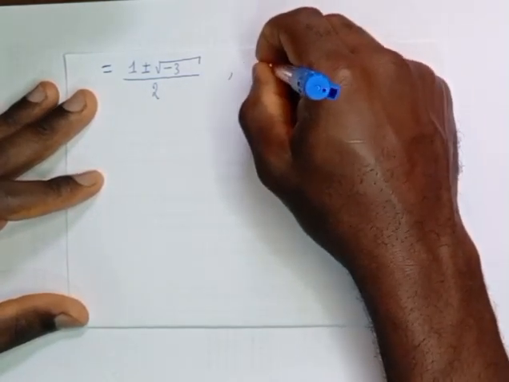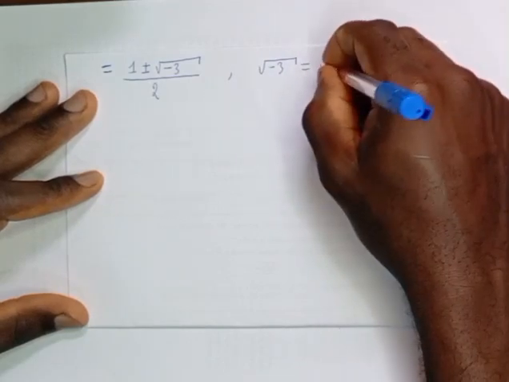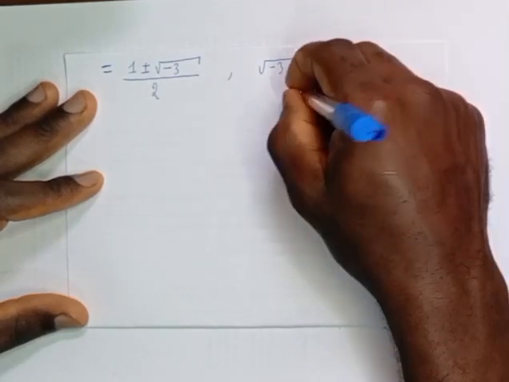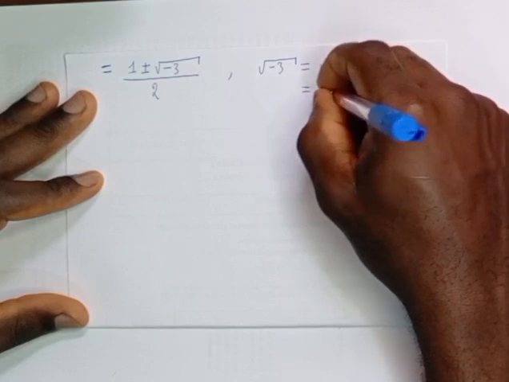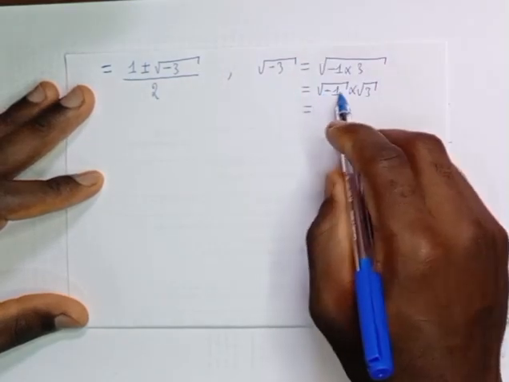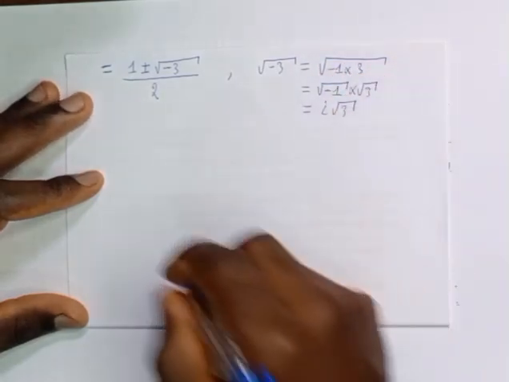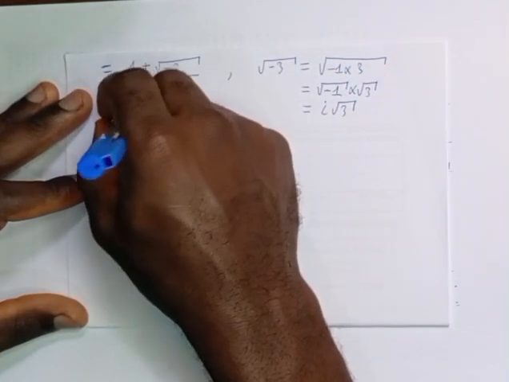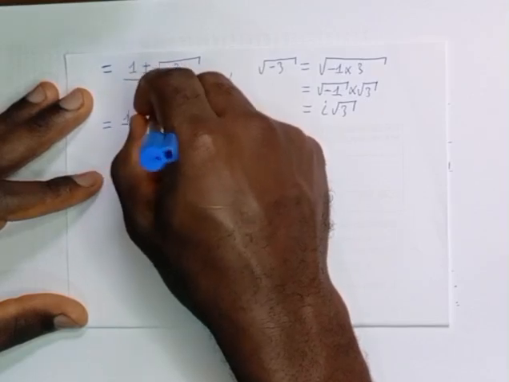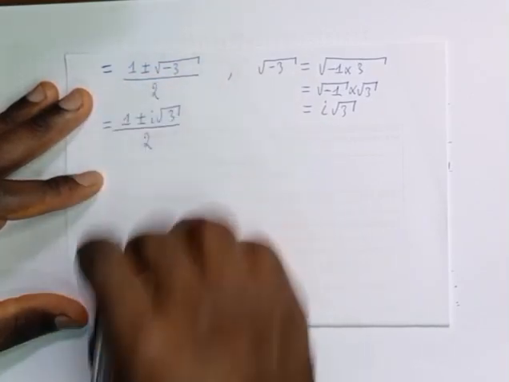The square root of negative 3 is simply equal to the square root of negative 1 times 3, which we can break as root negative 1 times root 3, which is simply equal to, the square root of negative 1 gives us i, times root 3 gives us i root 3. This will simply be equal to 1 plus or minus i root 3 all over 2.